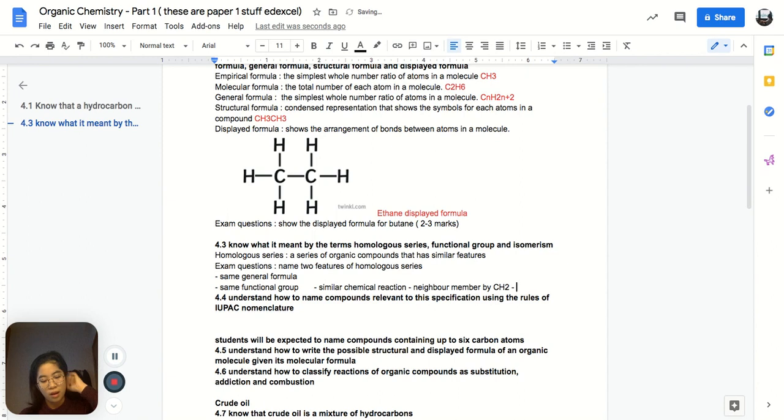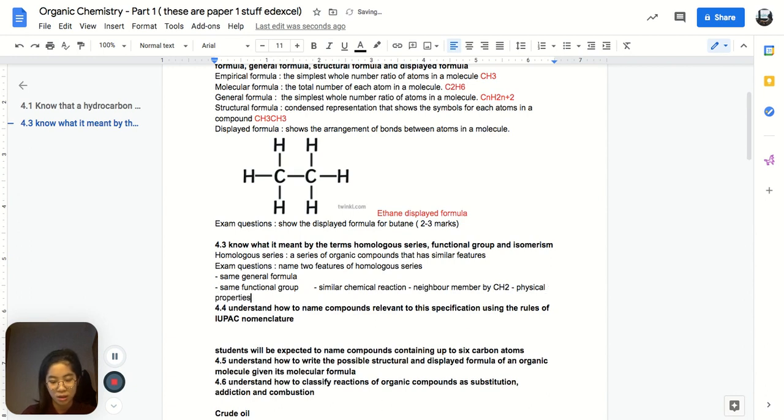And then the last one is that physical properties show gradation. If you don't like that, don't remember that one.